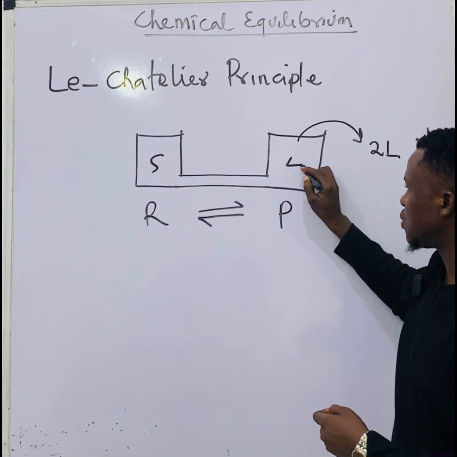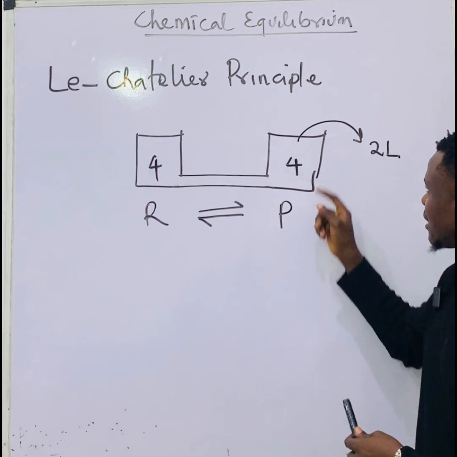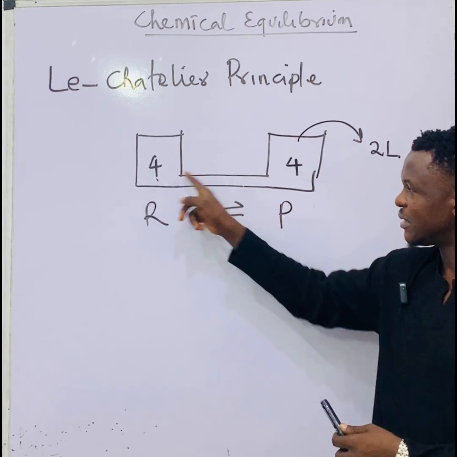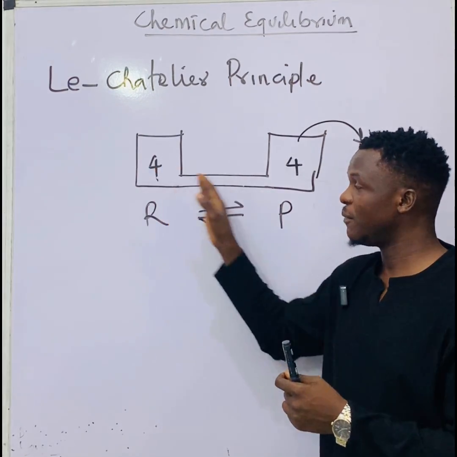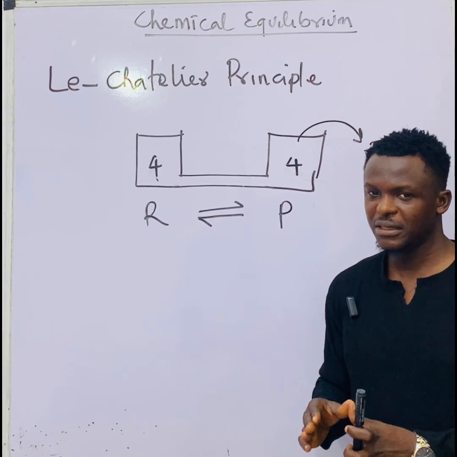So this increases to 4 and this decreases to 4. So after taking out 2 liters of water, the system readjusts and forms another new equilibrium. It means that at every point in time, both of them will always have the same water level.